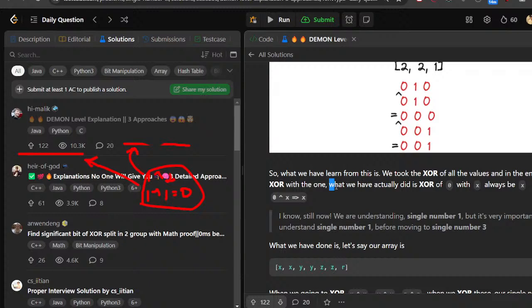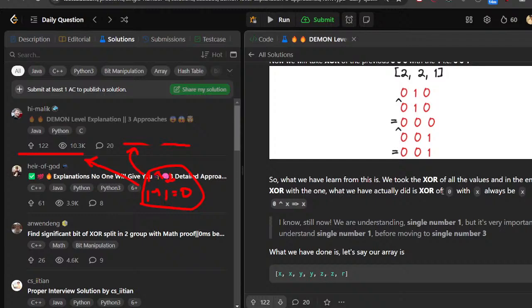What we actually did is XOR of 0 with X will always be X.